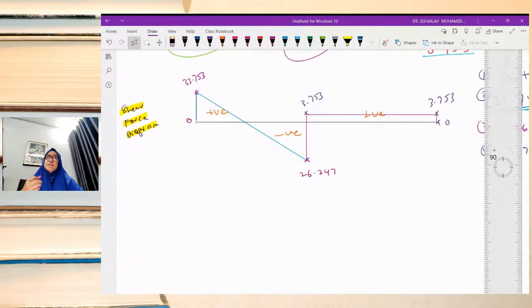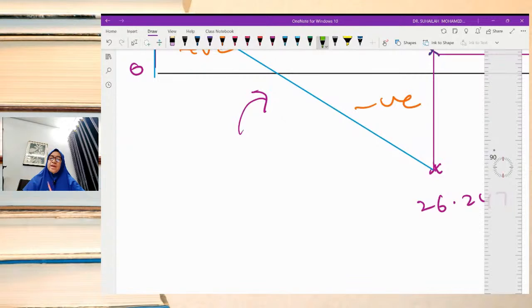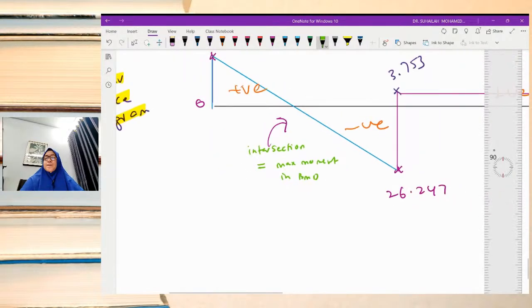Now using the shear force diagram, we will continue to draw the bending moment diagram. Bending moment we get from the area of the shear force diagram. When there is an intersection, it means maximum moment in the bending moment diagram.